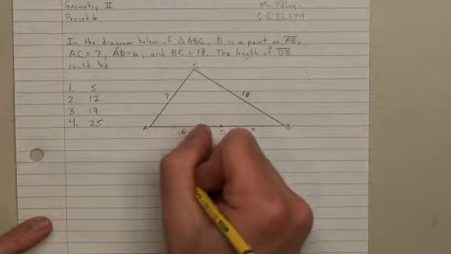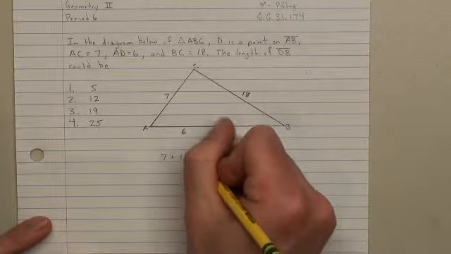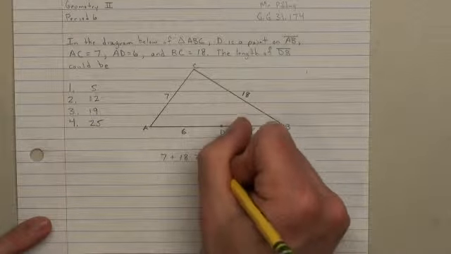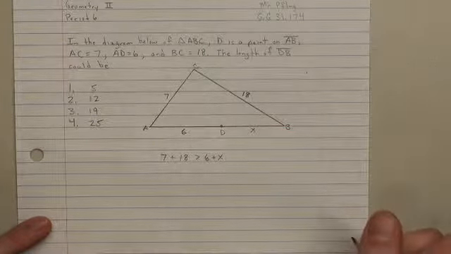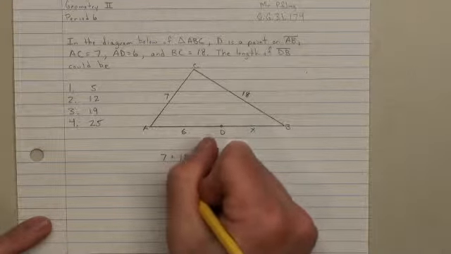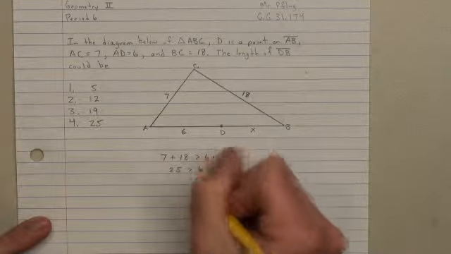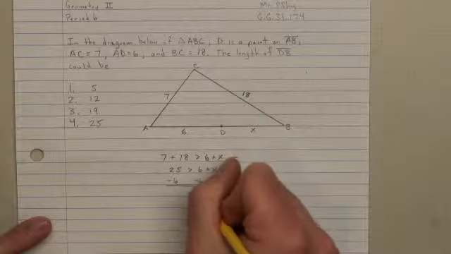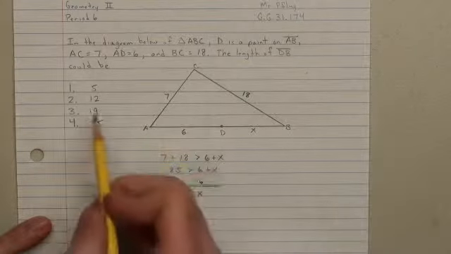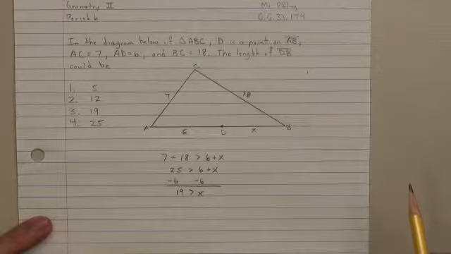AC, 7, plus CB, 18, must be greater than the third side, which is 6 plus X. Okay? So, 7 plus 18 is 25, and that must be greater than 6 plus X. Then we can subtract 6 from both sides, and we get X must be less than 19. So we know that it can't be 19 and it can't be 25 based on that.